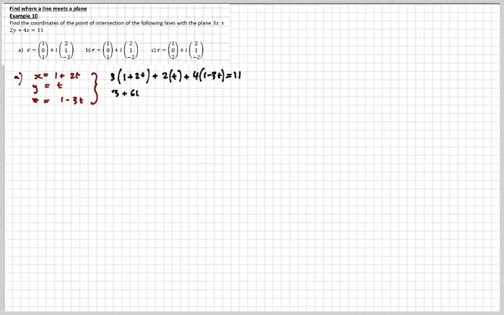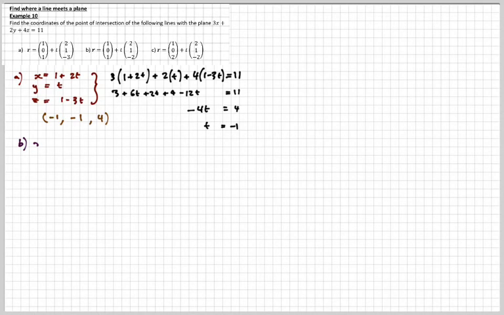So solving gives us 3 plus 6t plus 2t plus 4 minus 12t equals 11. So minus 4t equals 4, so t equals negative 1. So t equals negative 1 is when that intersection occurs. Substitute negative 1 in, and you get negative 1, 4 for the point of intersection.